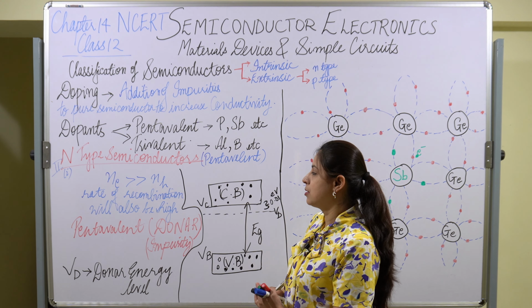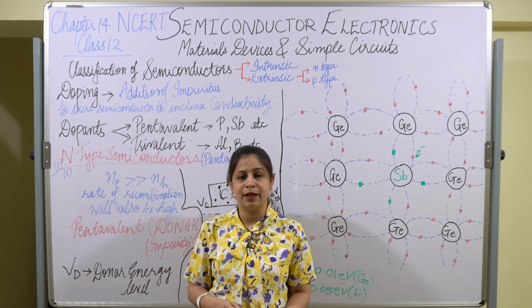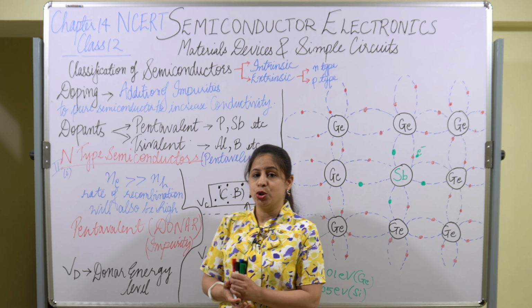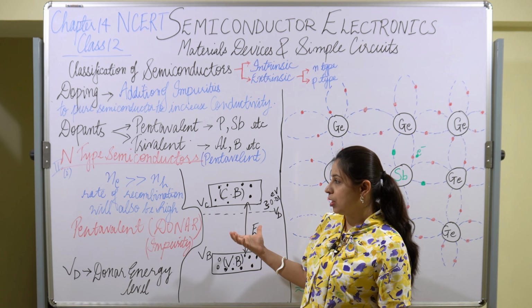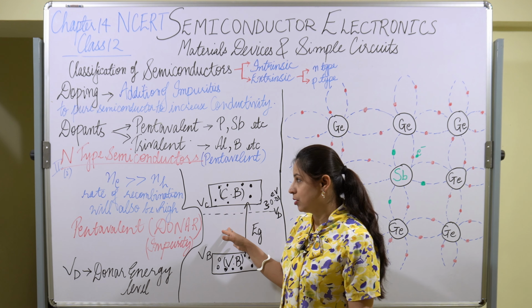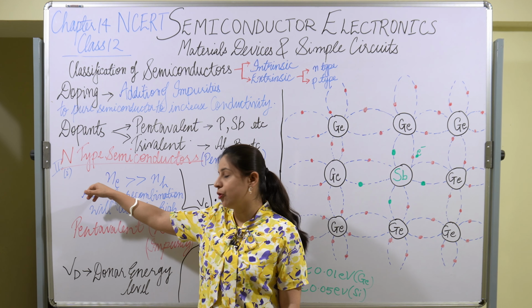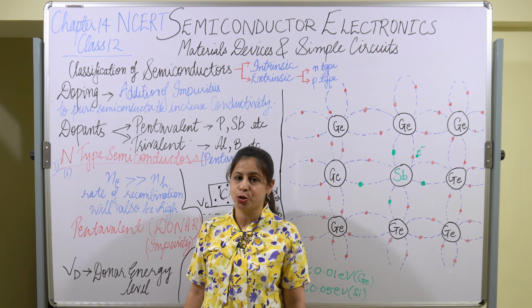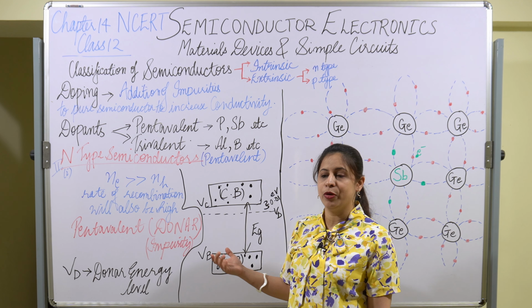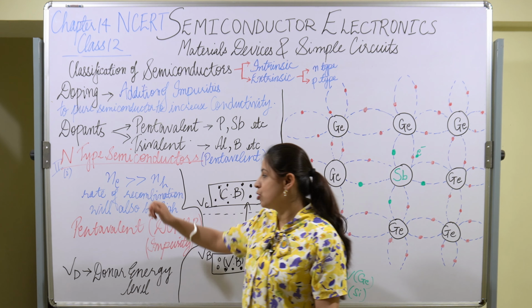So in this case, the concentration of electrons is more than the concentration of the holes. Such a type of semiconductor is known as an N-type semiconductor, because the concentration of electrons is more than the concentration of holes, and the rate of recombination is also high.